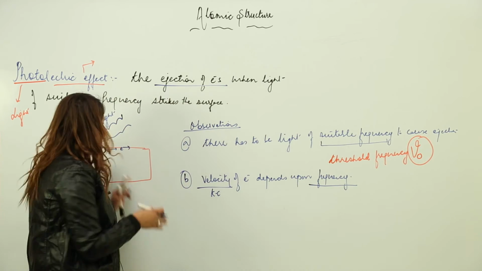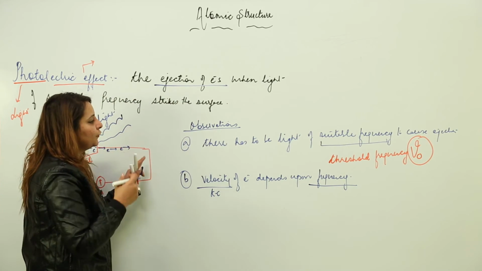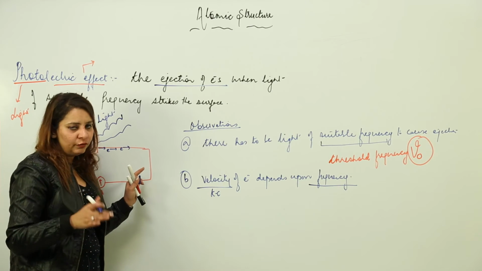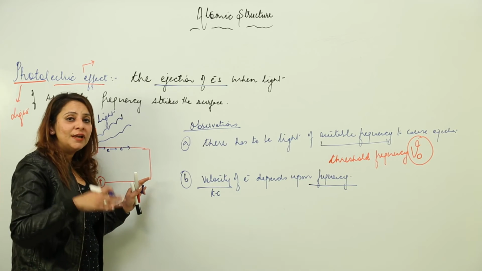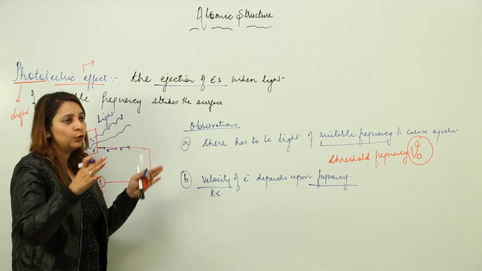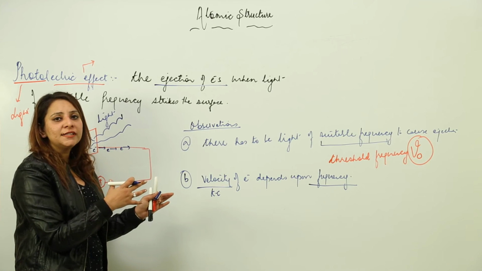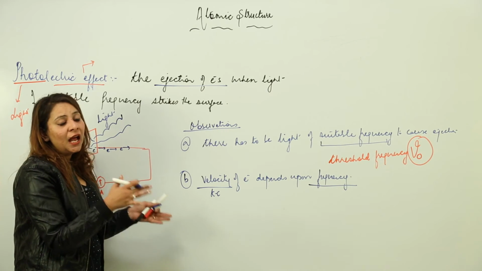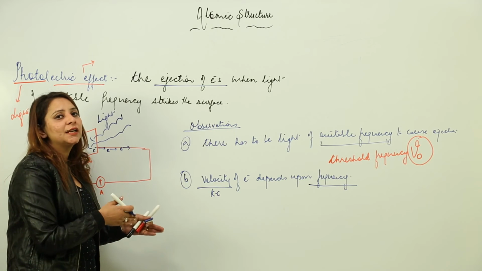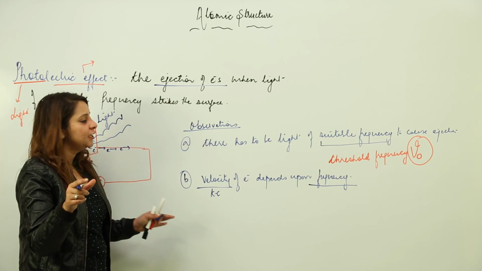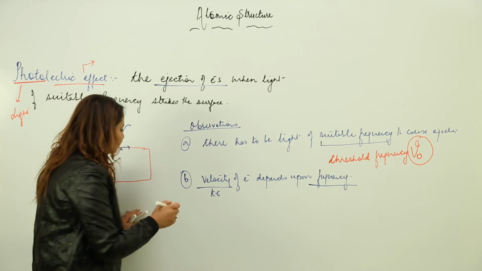That means the ejection can occur if light of suitable frequency strikes the surface. But if the frequency is more than the threshold frequency, then the part equal to the threshold frequency is used in the ejection, and the leftover is given to the electron as kinetic energy. So we can say that velocity or kinetic energy depends upon the frequency.